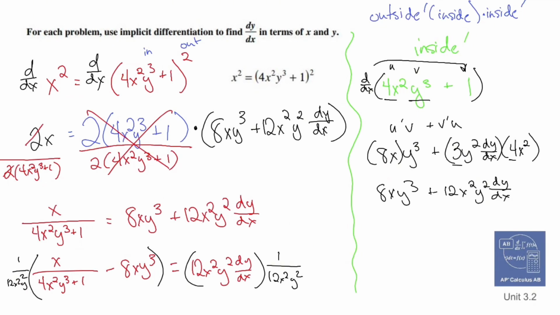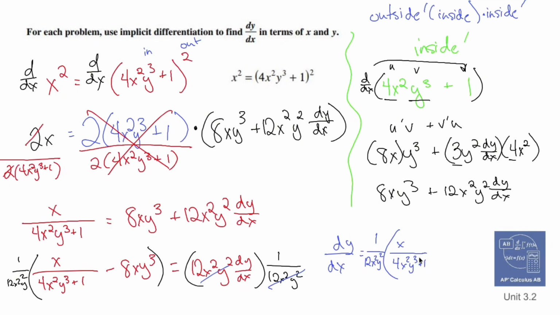I can maybe do some stuff, but I don't know. I don't want to do anything with this. I just want to leave it like that. So what an abomination of a problem. dy/dx is going to equal 1 over 12x squared y squared times the quantity x over 4x squared y cubed plus 1.